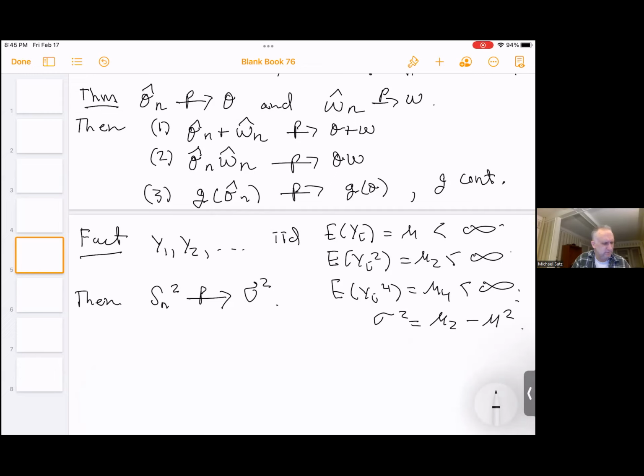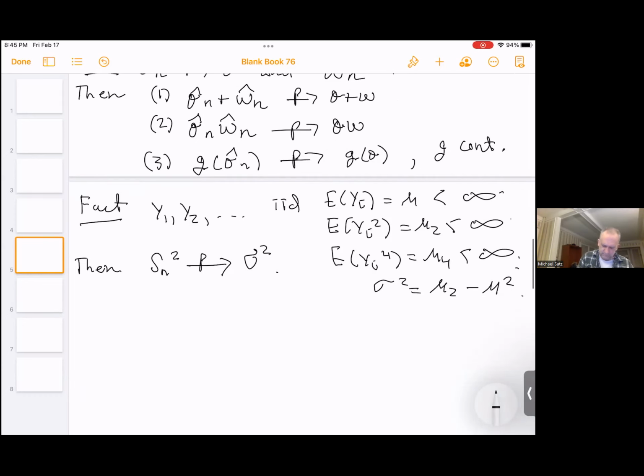Nice. Okay. So one first thing is that we write Sn squared equal to, let's just remind ourselves, the sum from 1 to n.